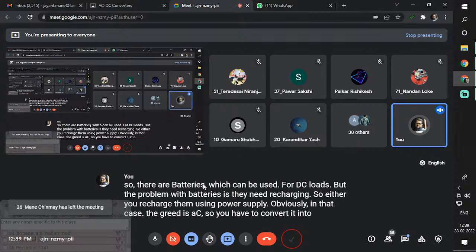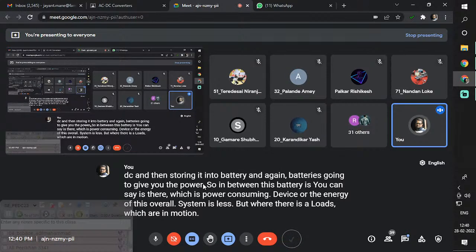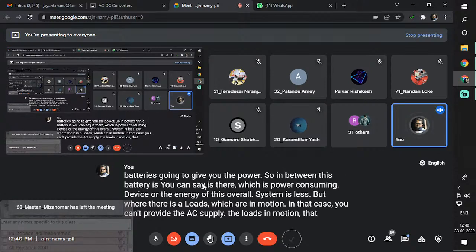But where there are loads which are in motion, in that case you can't provide the AC supply. Loads in motion means electric vehicles, suppose, or trolley cars. In that case you have to use battery. So there is no option.